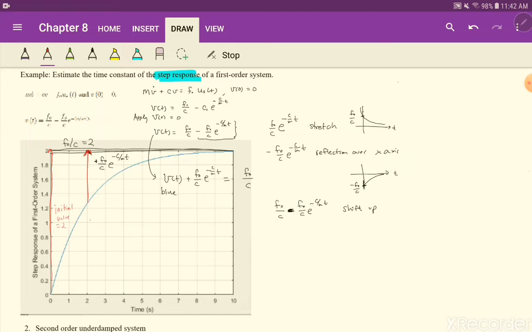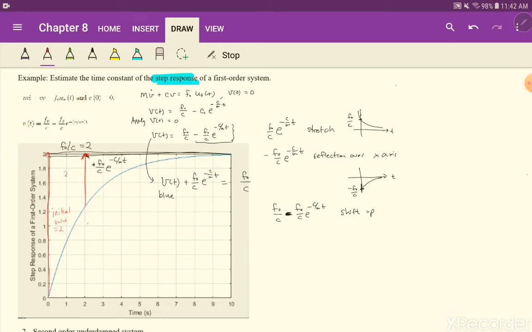So I need to find a place where the gap is 0.735. Just to make it easy, I'm going to subtract it from 2 and look for a place where it's 1.26. Oh, actually, it's right here. The gap here is 37% of 2, which is 0.736, from here to here.